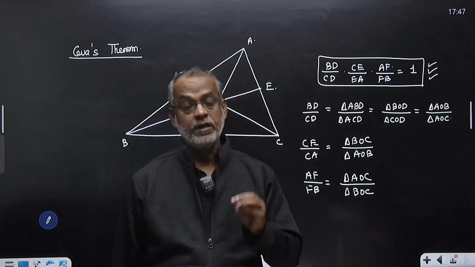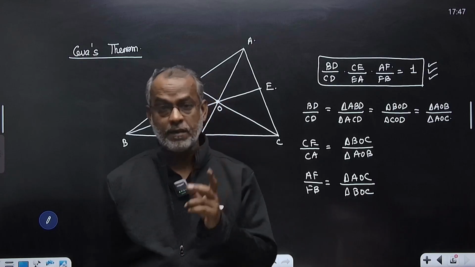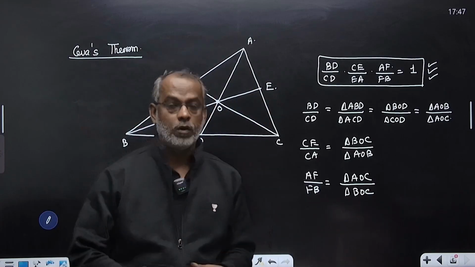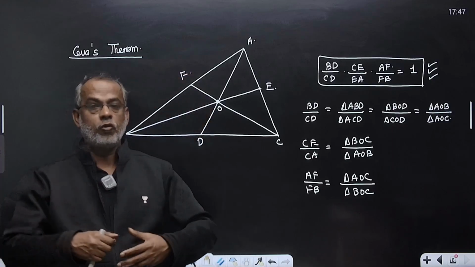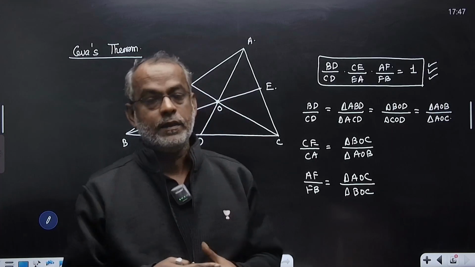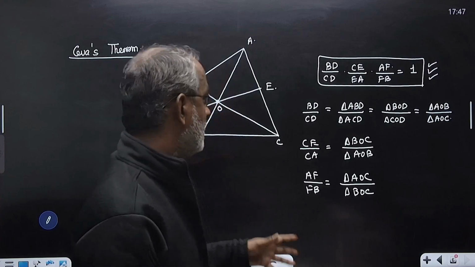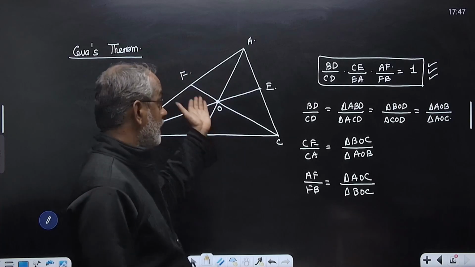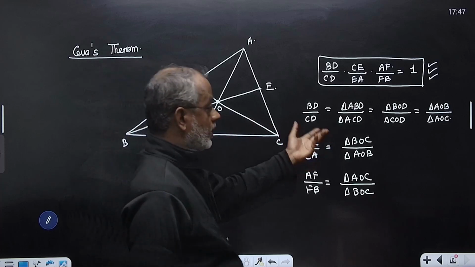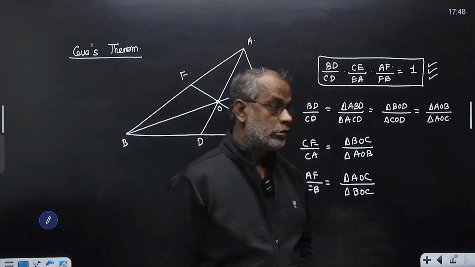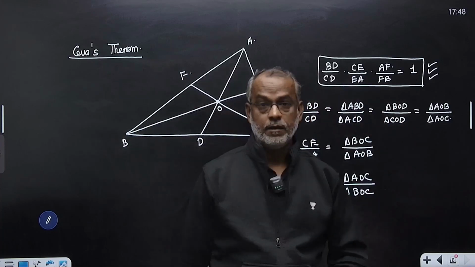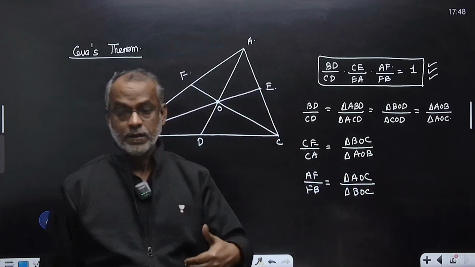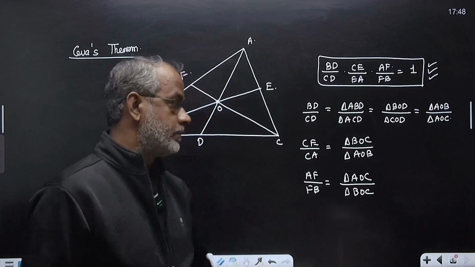Take your time, even if it takes half an hour, 30 minutes to establish the theorem, that effort will bear fruit as we move on in actual problem solving. When you solve problems that have actually appeared in examinations, somebody may even ask you to find the ratio of the area of these two triangles. In that case, if we have gone through this, we know it is the same thing. So, this is the final result that we get, but the process in between gives you the hint of how to proceed in different problems.